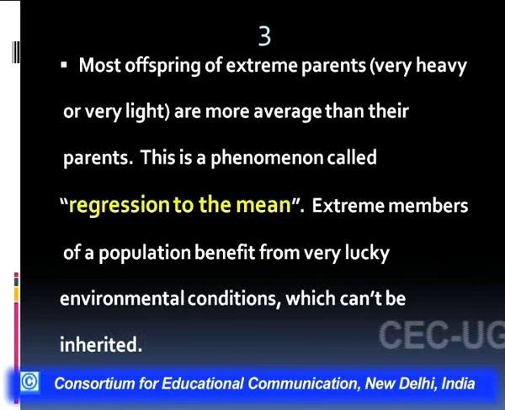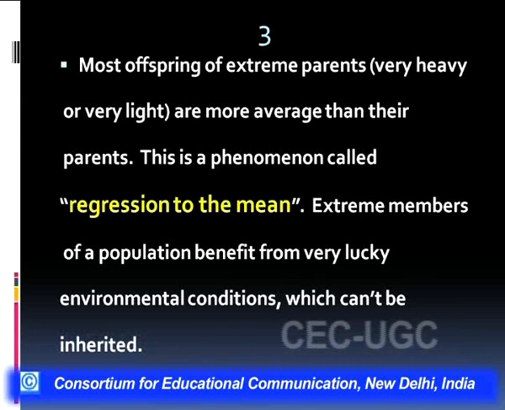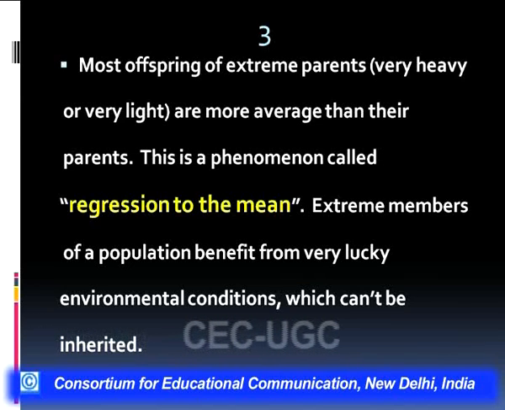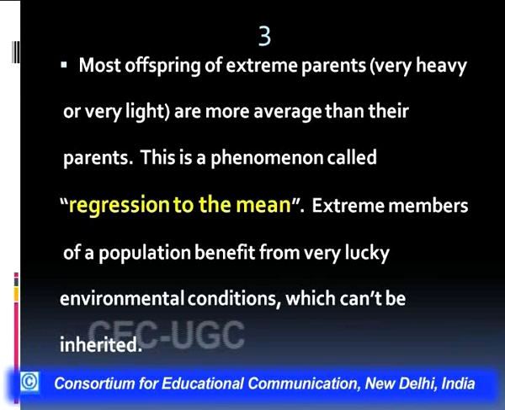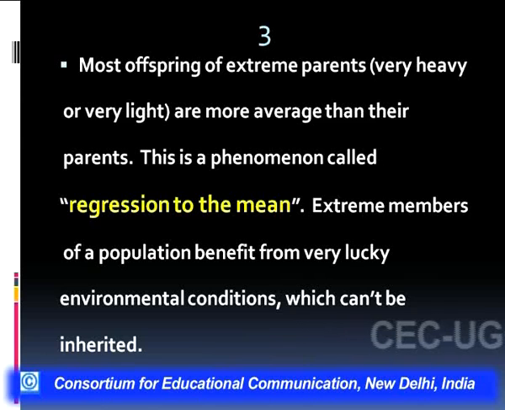At the same time, if we were talking about average, he talked about a phenomenon which is called regression to the mean. What he really meant was that most of the offspring taken from the extreme parents, which were on the edge of the graph, either very light or very heavy, had more average weights than their parents.